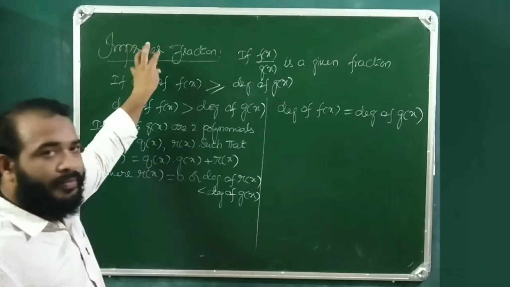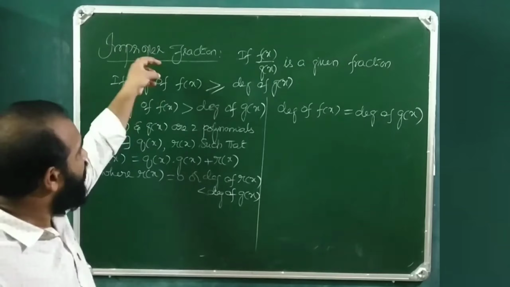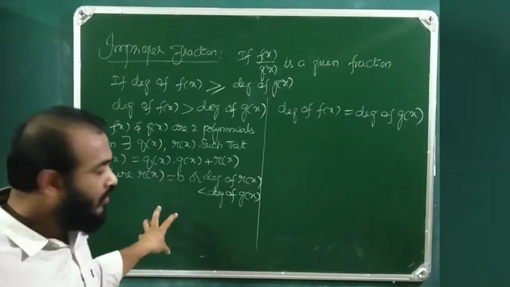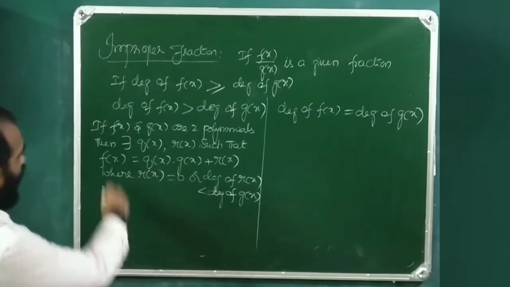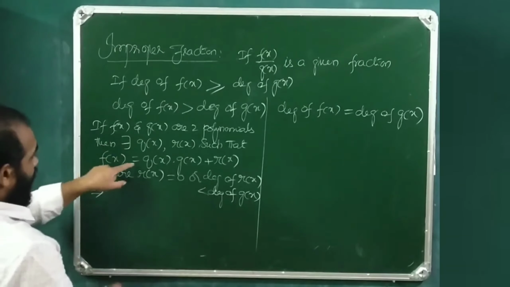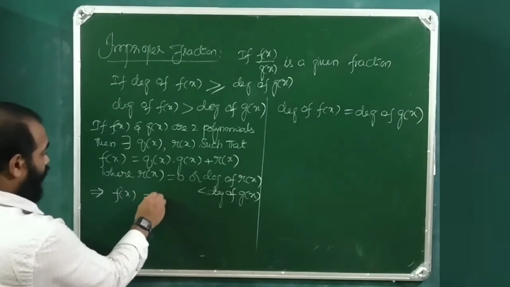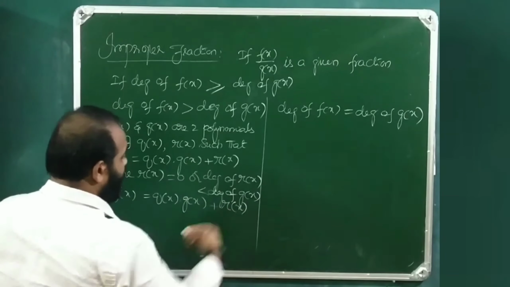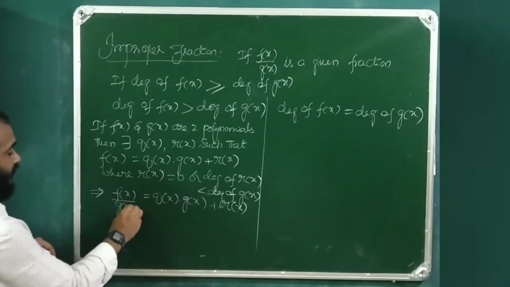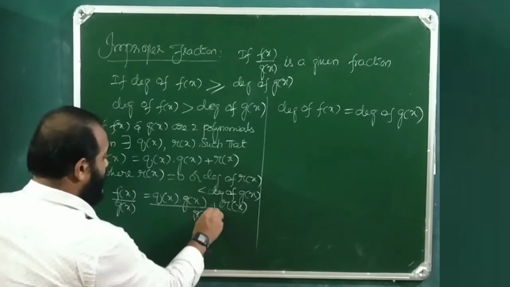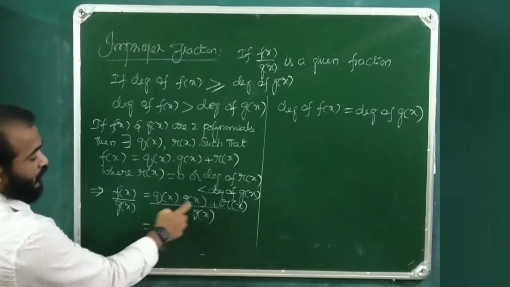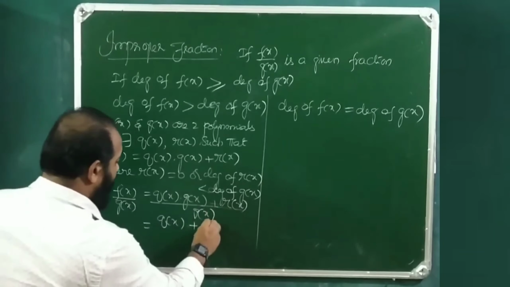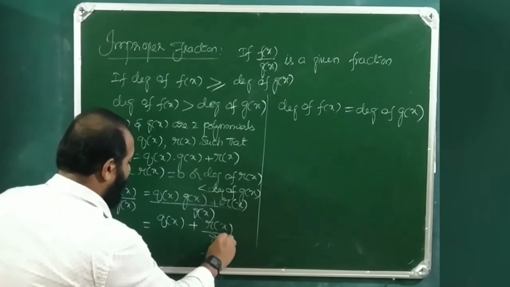So if an improper fraction is given, then to convert that improper fraction into a proper fraction, the concept of the division algorithm will be used. According to this, f of x is equal to q of x into g of x plus r of x. If we divide by g of x on both sides, then q of x into g of x by g of x is q of x, plus r of x by g of x.